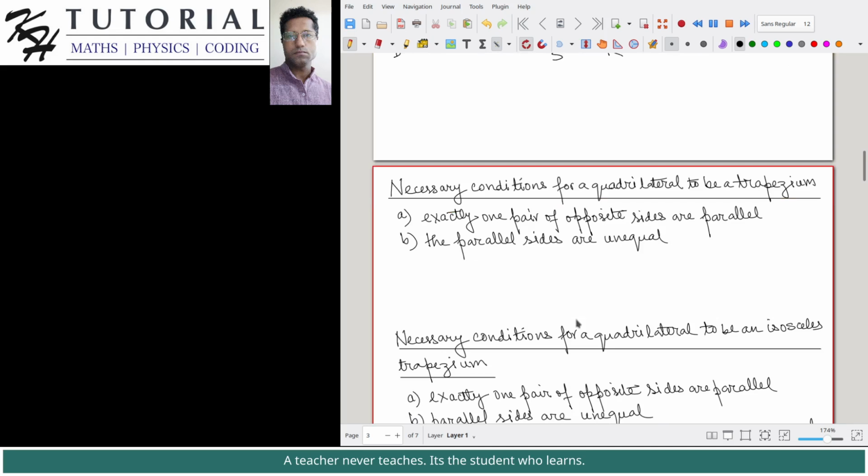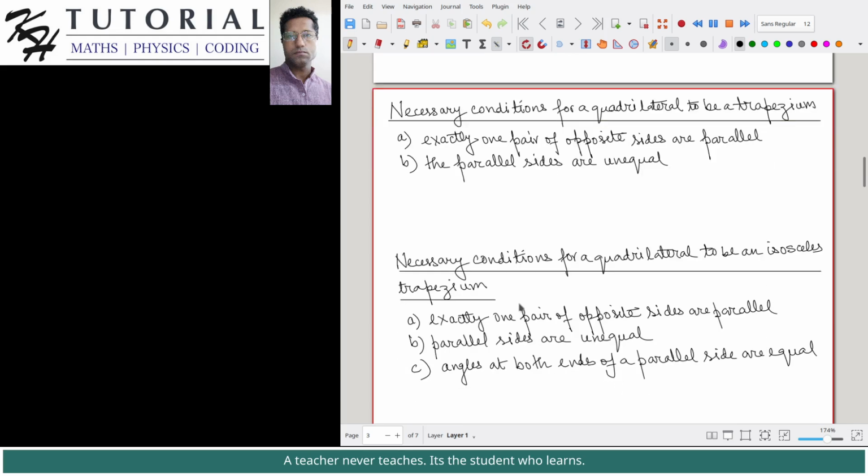Okay. Now the necessary conditions for a quadrilateral to be a trapezium. When can we say that a quadrilateral is a trapezium? It is basically related to its definition only. If in a quadrilateral we see there is exactly one pair of opposite sides which are parallel but of unequal length, then it will be a trapezium. And what are the necessary conditions for a quadrilateral to be an isosceles trapezium? The conditions for a trapezium will apply.